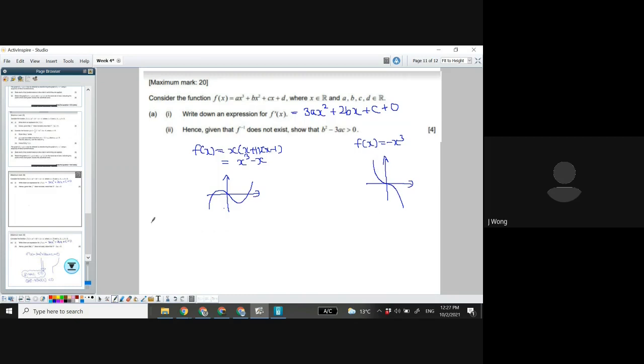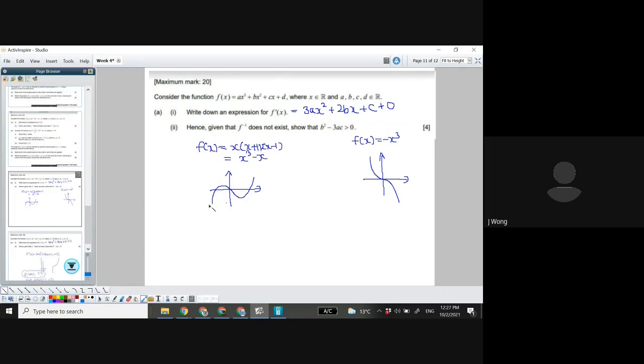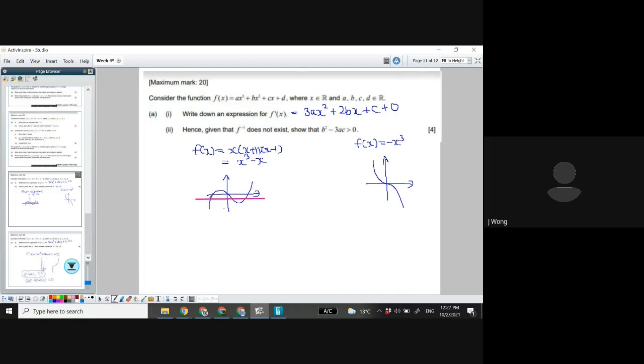It's just that the function on the left is a many-to-one function, whereas this function here is what we call a one-to-one function. What do we mean by many-to-one function? It is when you draw a line horizontally and you can see that it crosses the curve several times, meaning there will be several values of x that give you the same value of y.